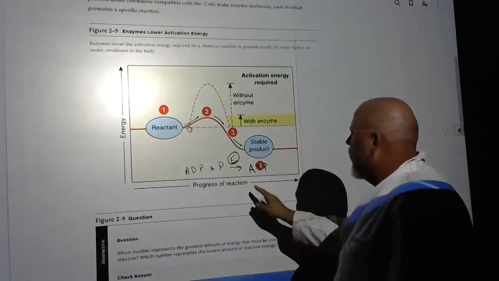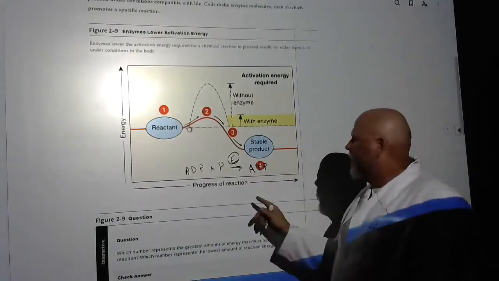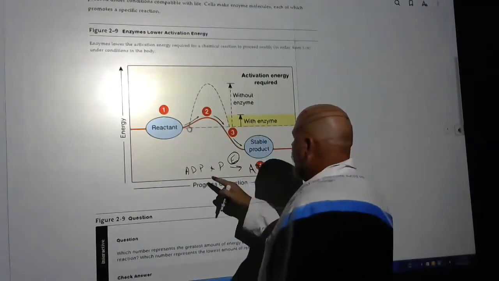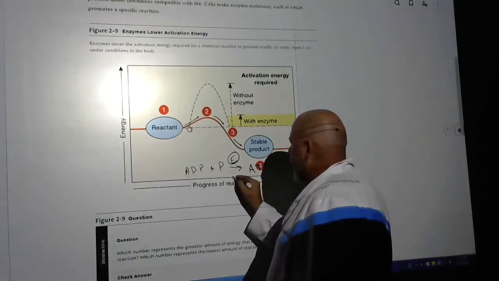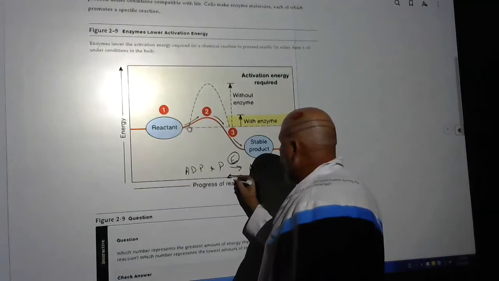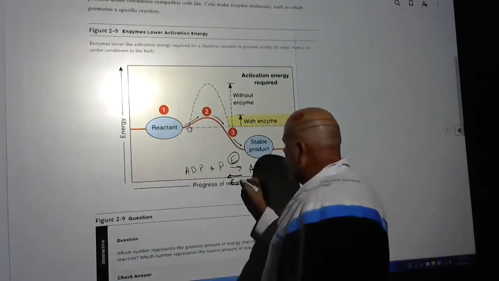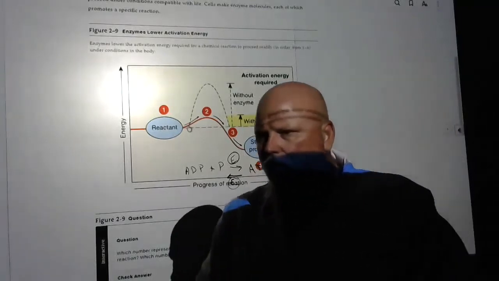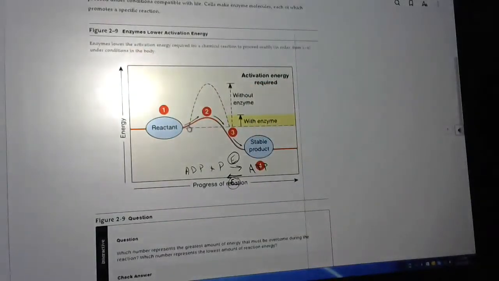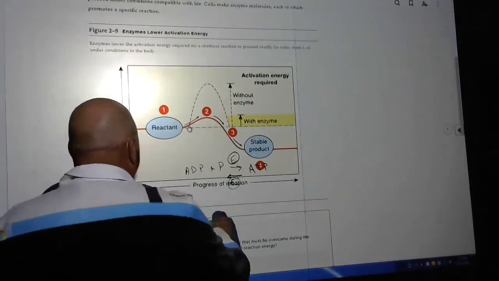They put that right on top of that arrow. Now, this enzyme only works for this. You would actually have a different enzyme going back this way. Enzyme 2. So enzymes are very specific. They only work in that one process.